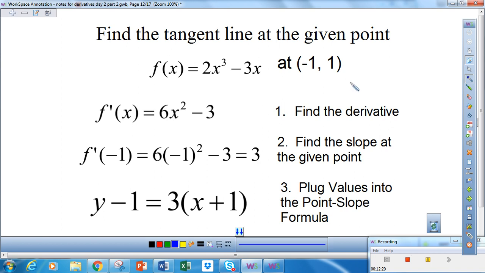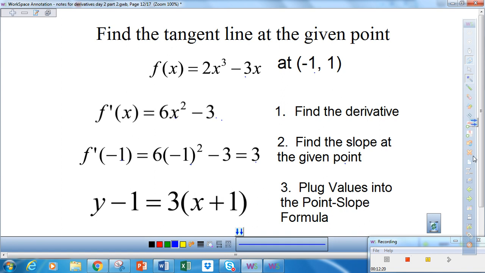So I've done this one for you. We start off by finding the derivative of f of x. Using the power rule, we found that this was 6x squared minus 3. Then I have to find the slope at that point. So I find the slope at negative 1 by substituting negative 1 into the slope formula, which gave me 3.